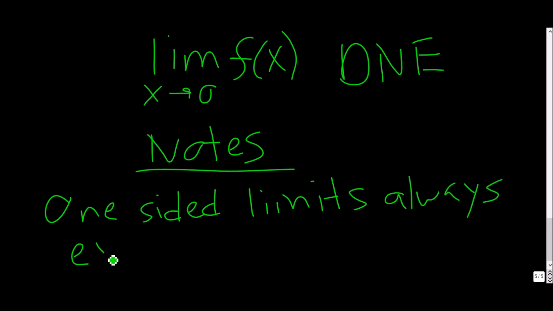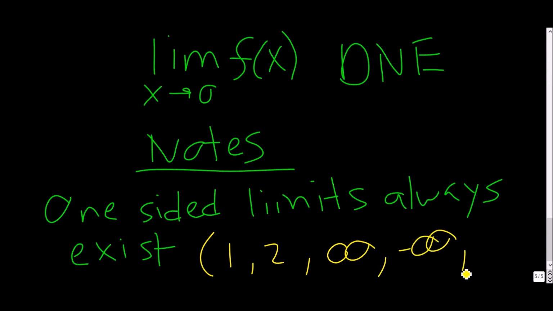So they could be, you know, 1, 2, they could be infinity, negative infinity. Right, they always are going to approach some number. It's whatever the function looks like it's going to at that place. So we're always going to have that pretty much happen.